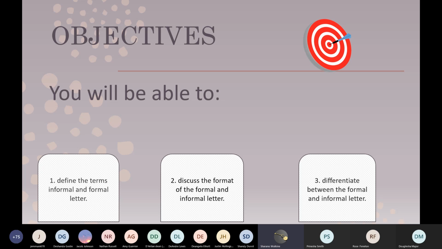Anyone else want to confirm or challenge what she has typed there? Come on, don't be shy. Okay, Shanique says calm. Colin says happy, humor. Noy asked what adjective could be used to describe the tone of an informal letter or a friendly letter.